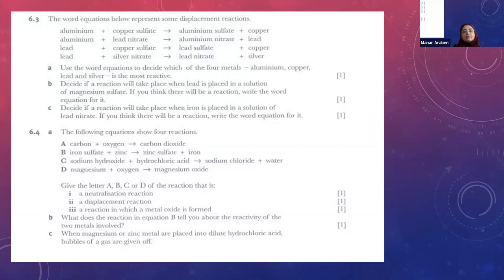And the fourth, lead plus silver nitrate gives lead nitrate plus silver. Question 1. Use the word equations to decide which of these four metals, aluminium, copper, lead, or silver, is the most reactive. Think and give me the answer.